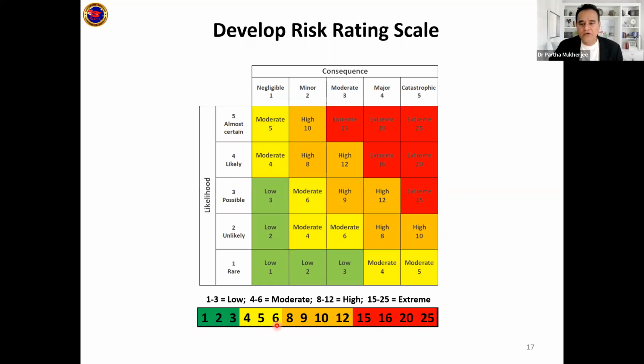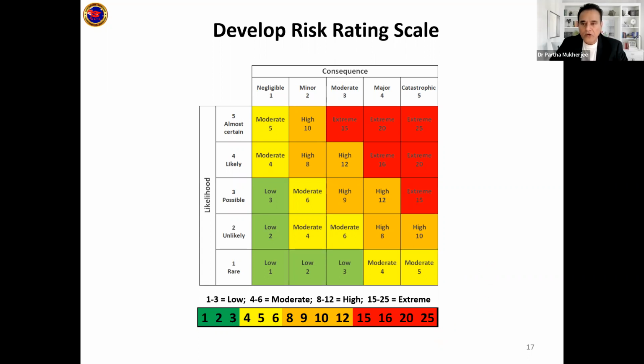Somewhere in the middle, you will put moderate or medium, and then at the high levels, you will put very high. Okay, so you can actually create your own risk rating table. Now, this is not taught in most textbooks or courses, but I thought I would let you know that you can create your own risk rating scales.